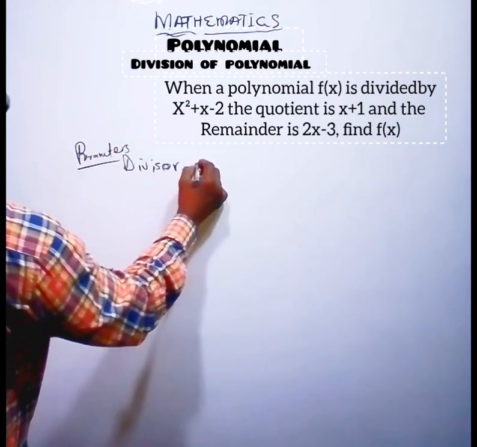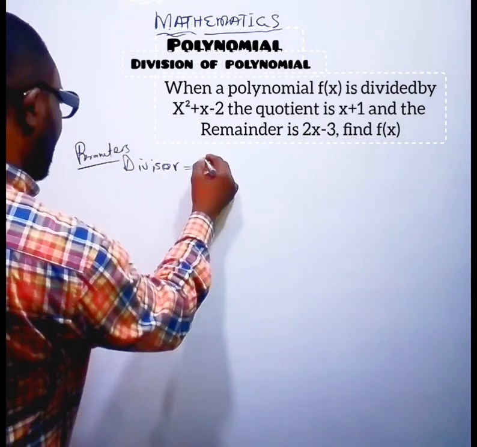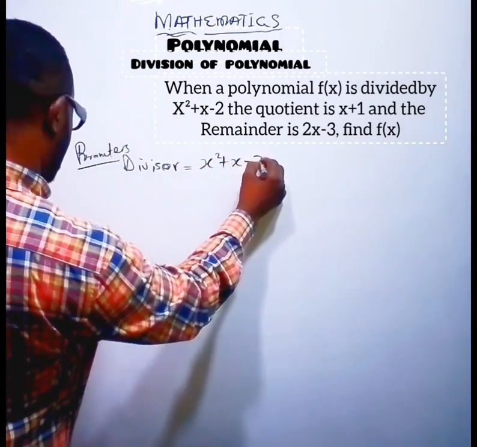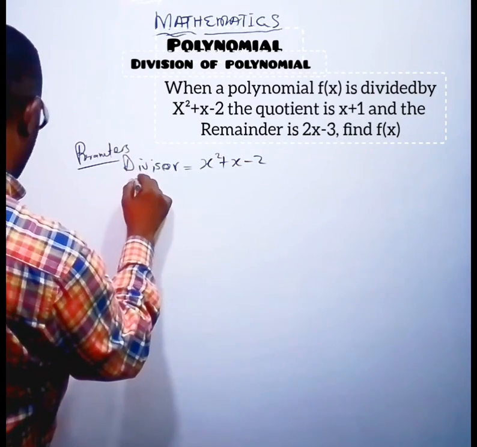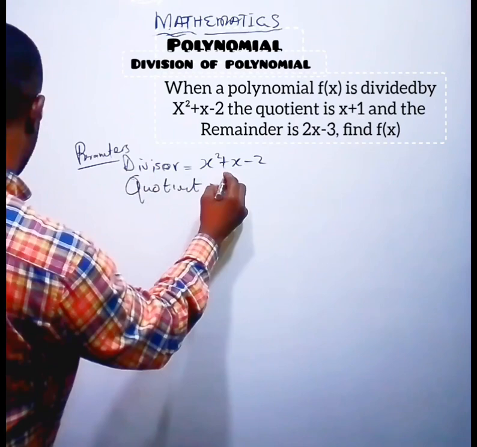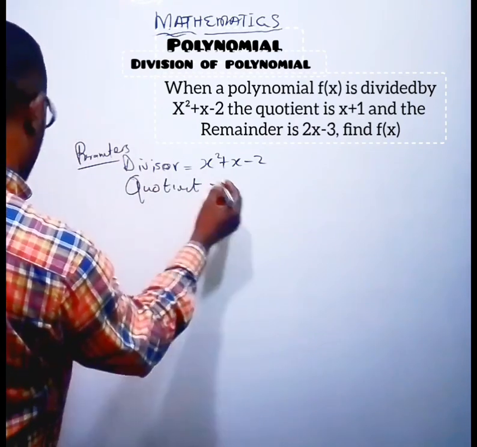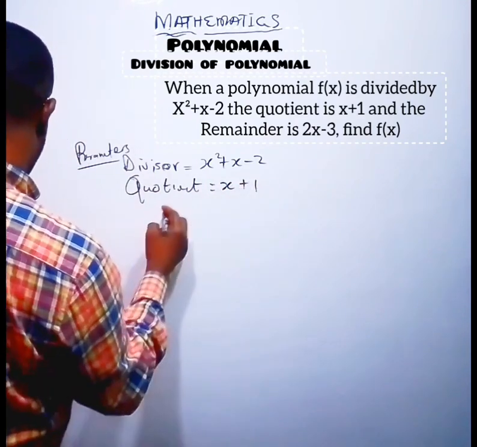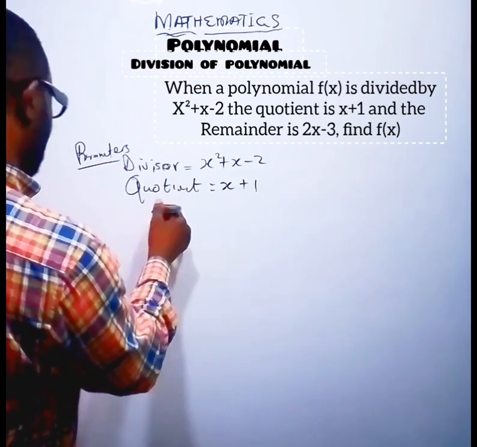My divisor is x squared plus x minus 2. My quotient is equal to x plus 1. And my remainder is 2x minus 3.